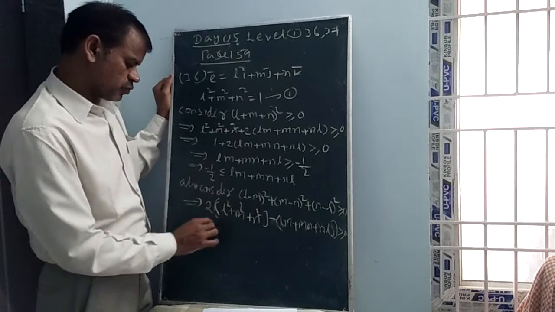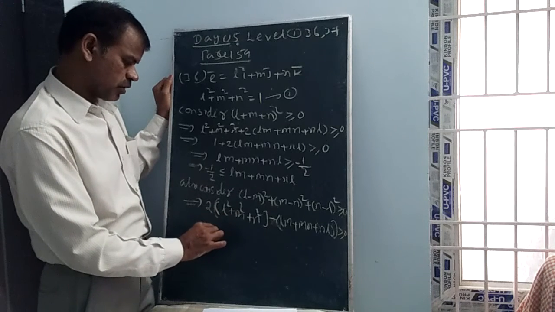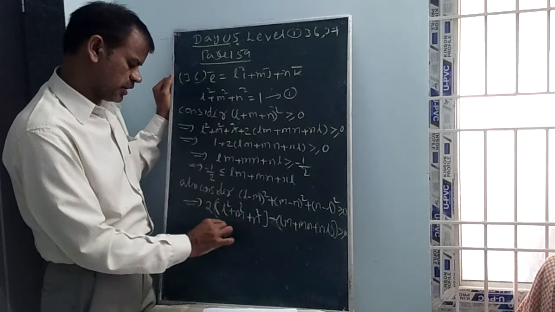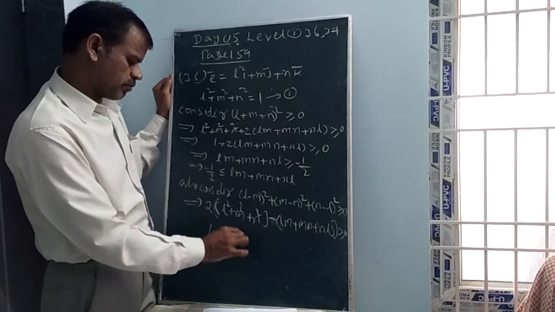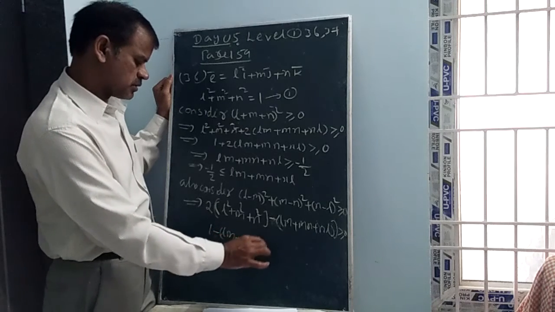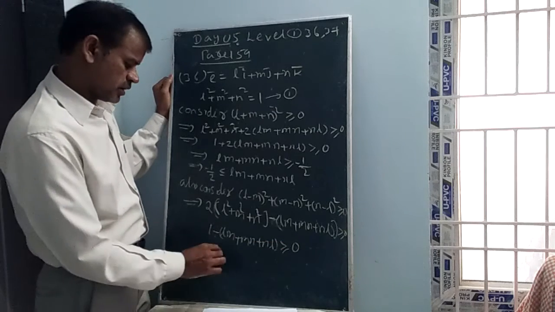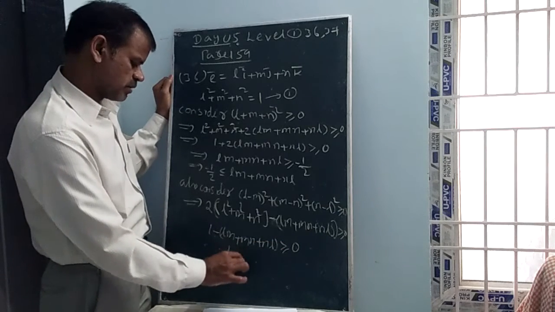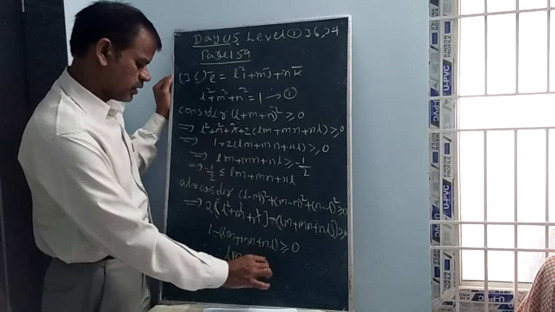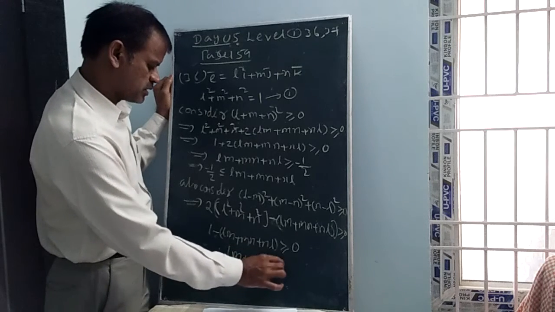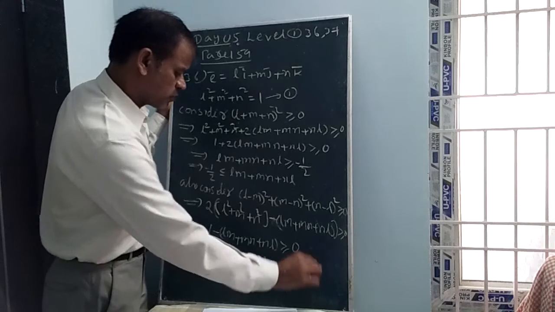Now divide by 2. We know L square plus M square plus N square is 1, so 1 minus Lm plus Mn plus Nl is greater than or equal to 0. Therefore, Lm plus Mn plus Nl is less than or equal to 1.